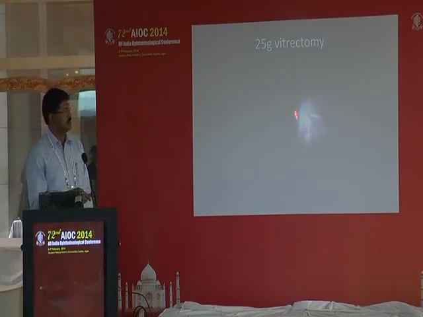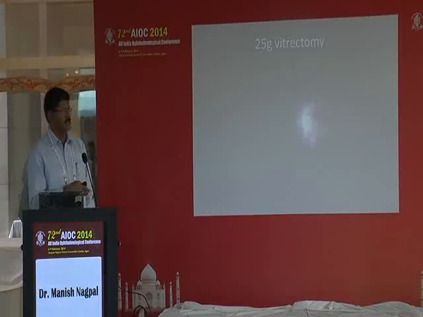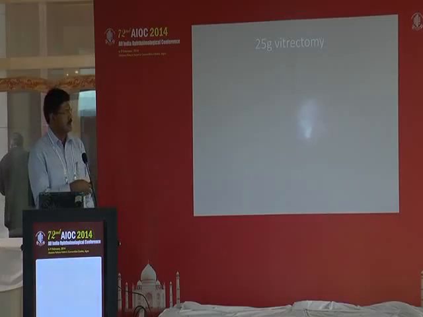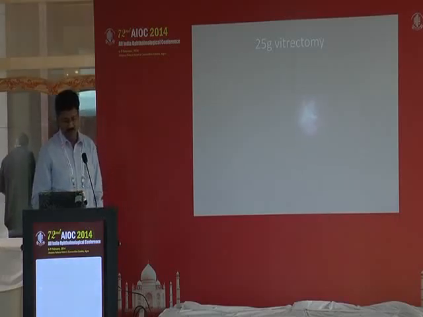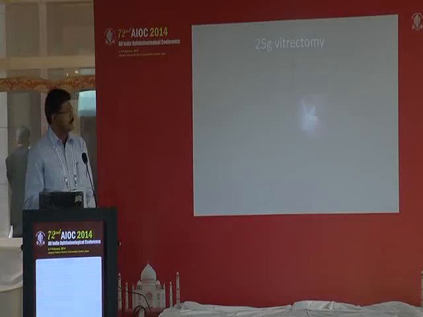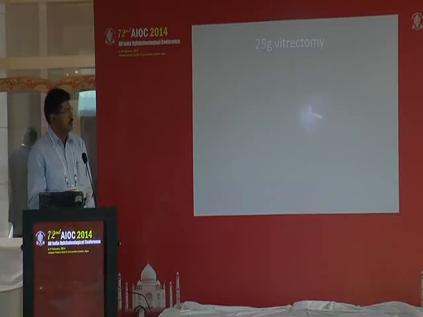So what we are still seeing here is the segmentation. All these steps the previous speakers have very elegantly shown: peel it and then remove it. Delamination can be done with 25 gauge surgery. You can cut very close and remove the tissue.